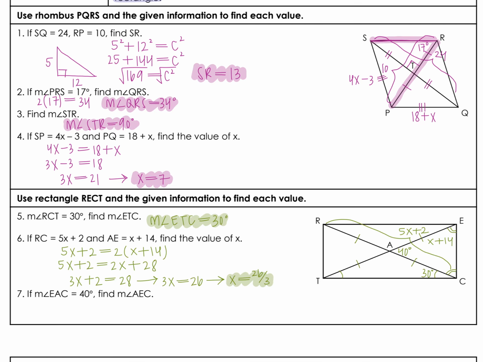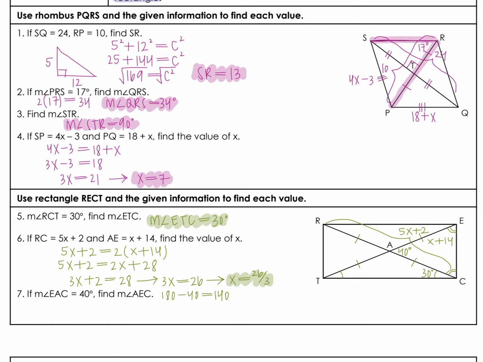Now, keep in mind there is that 30 degrees there. We don't quite know that it is using the same angle measure from number 5, so we want to stay away from using that. But we can use the fact that the sum of my angles in a triangle is going to be 180. So I can subtract the 40 that I do currently know from that to get 140.